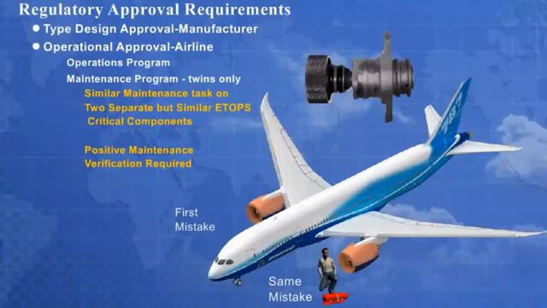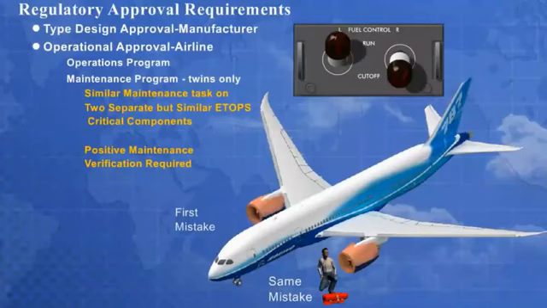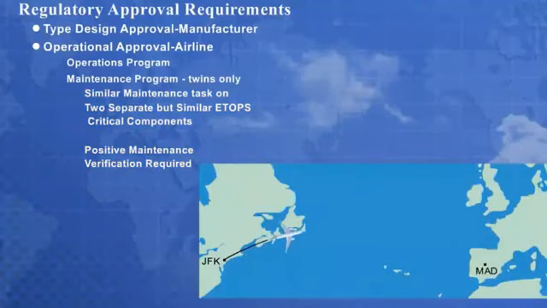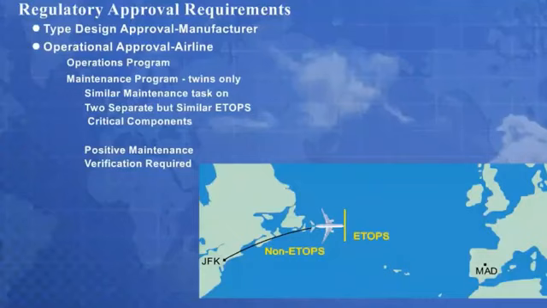Examples of this are improper installation of O-rings on a chip detector on both engines during routine maintenance, or the removal and replacement of both the left and right engine fuel control modules. For cases where ground maintenance verification cannot be confirmed on an ETOPS critical component, in-flight verification may be performed during the non-ETOPS portion of a revenue flight.